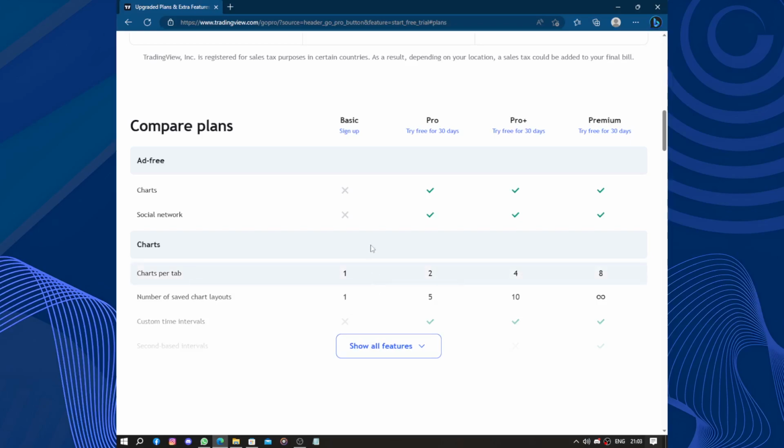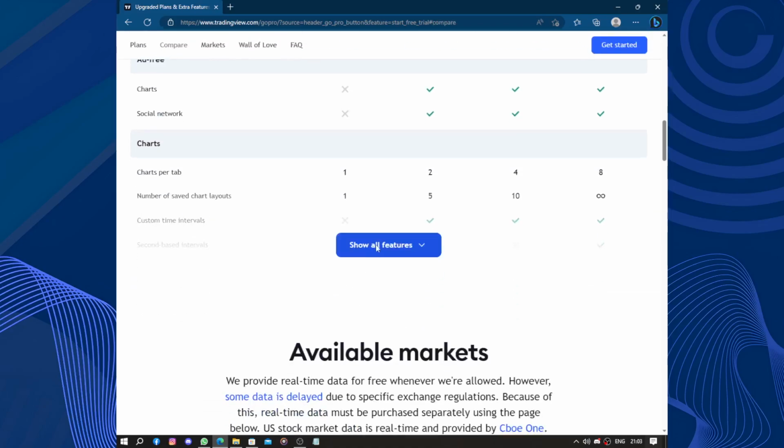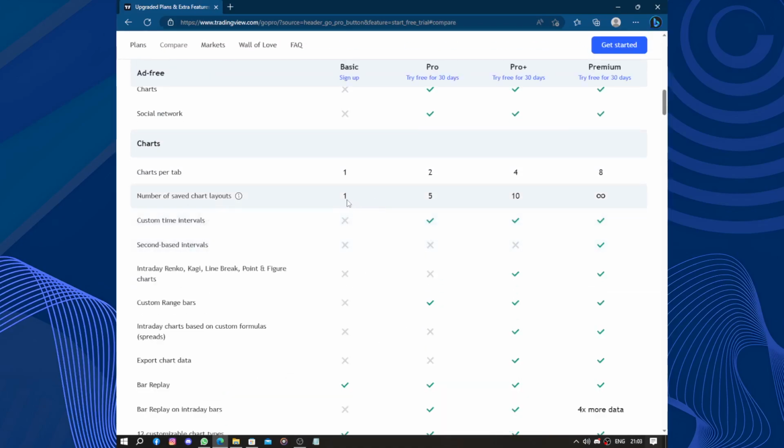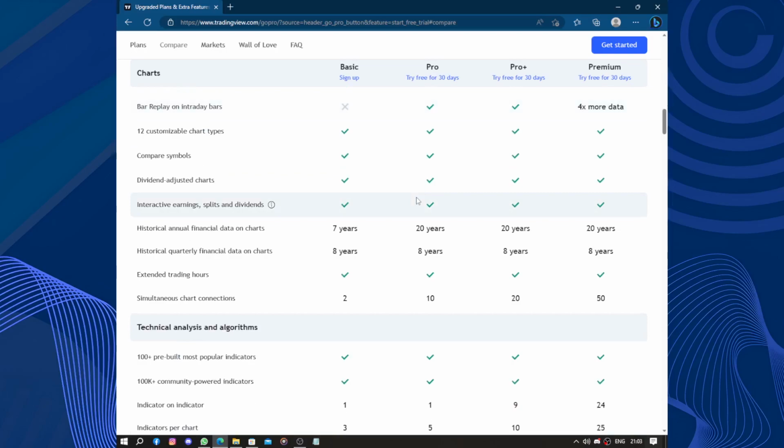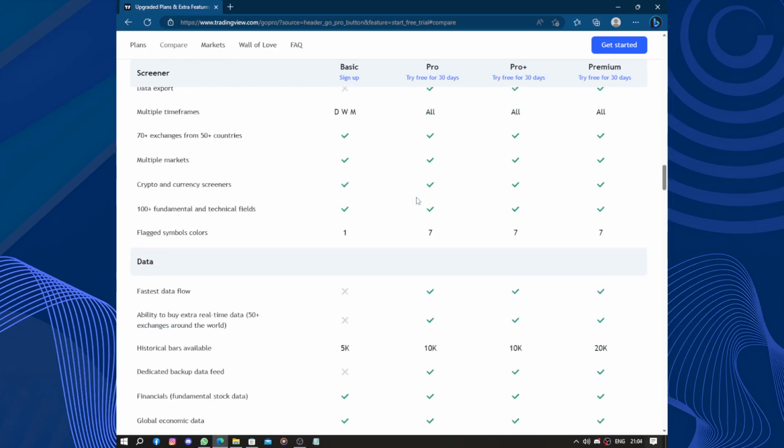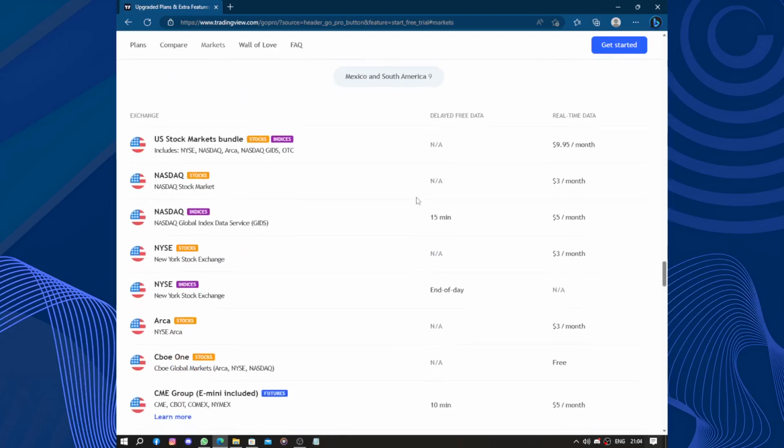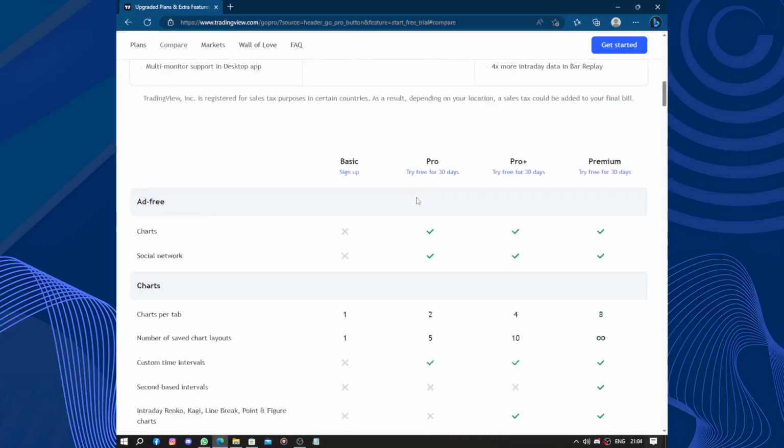The basic doesn't have social networks, has one chart per tab, and the number of saved chart layouts is 1, and others have multiples, until the Premium has an infinite number of saved charts. So yeah, those are the benefits. Now let's get started with the free plan. Yeah, what are you waiting for?